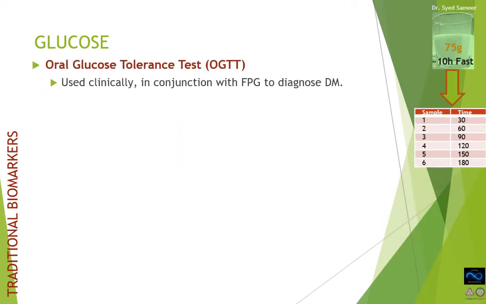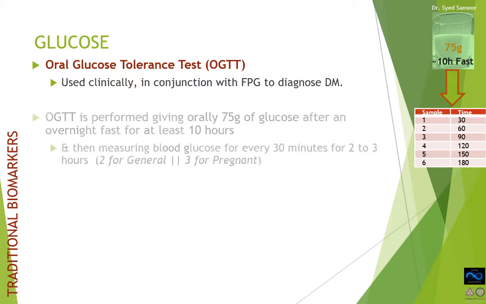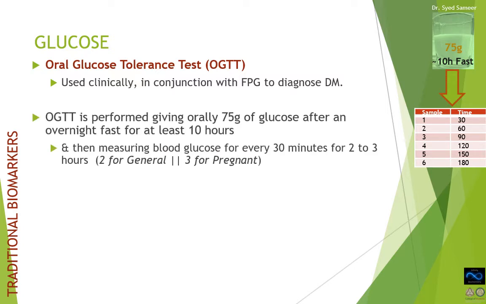Another test which is done for the clinical diagnosis of diabetes mellitus in conjunction with the FPG is the oral glucose tolerance test, OGTT. It is performed on patients after an overnight fast of at least 10 hours, and we give them 75 grams of glucose orally, and then measure the blood glucose every 30 minutes for at least 2 to 3 hours.